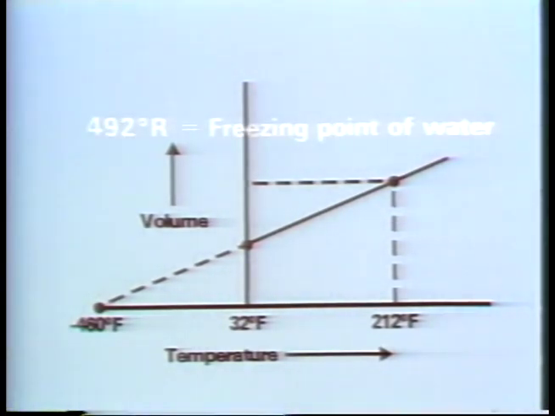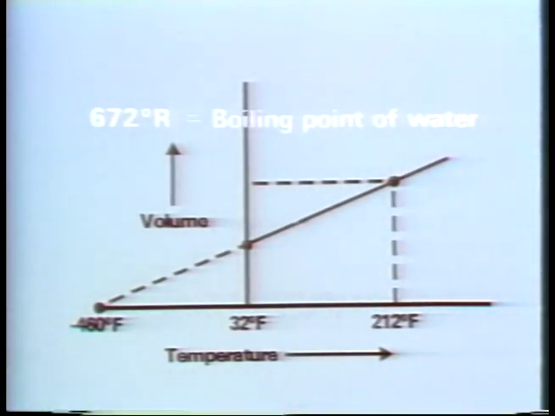492 degrees Rankine is the freezing point of water, and 672 degrees Rankine is the boiling point of water. Now, this is important because if we add temperature to Boyle's law, the temperature must be expressed in the absolute temperature scale.